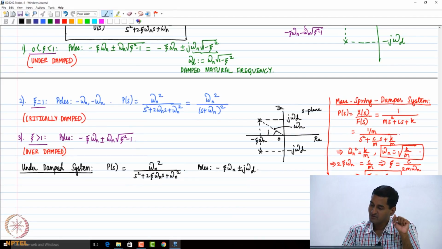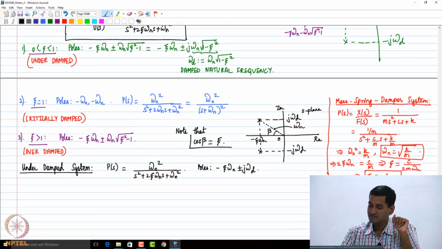Now let's say we call this angle beta. So we note that cos beta is equal to, what is cos beta? Zeta, right? Because the adjacent side is zeta omega n, hypotenuse was omega n. So zeta omega n by omega n will be zeta, right?